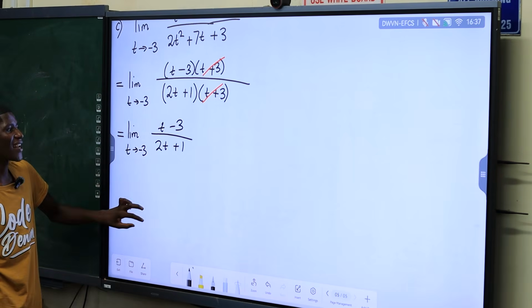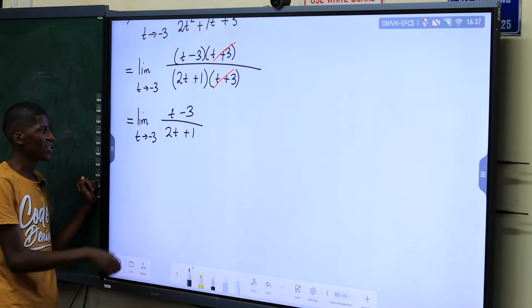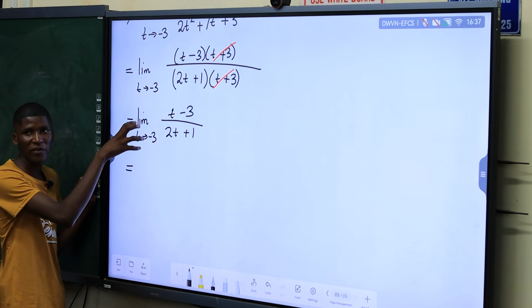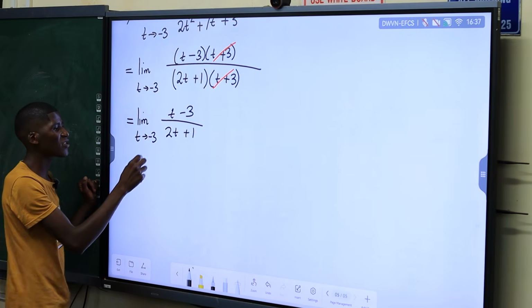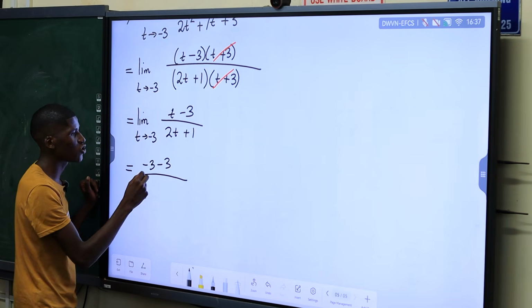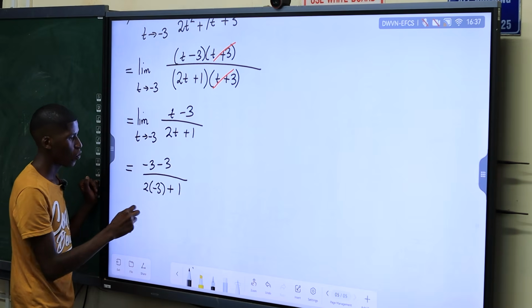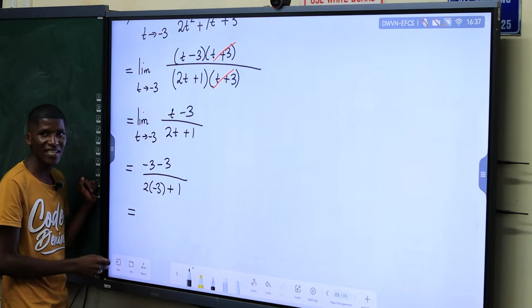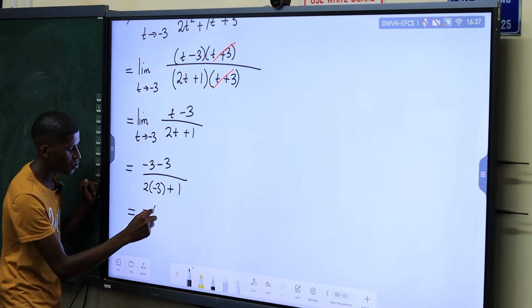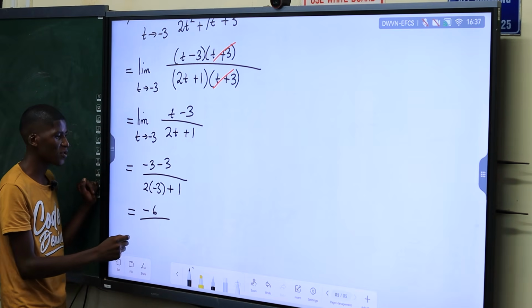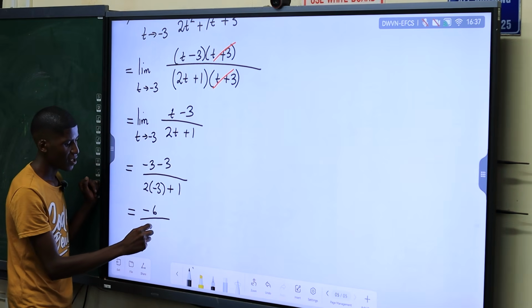If we substitute here, so what's the solution? We drop the limit and substitute minus 3 over 2 times minus 3 plus 1. Minus 3 is minus 6, 2 times negative 3 plus 1 is negative 5.